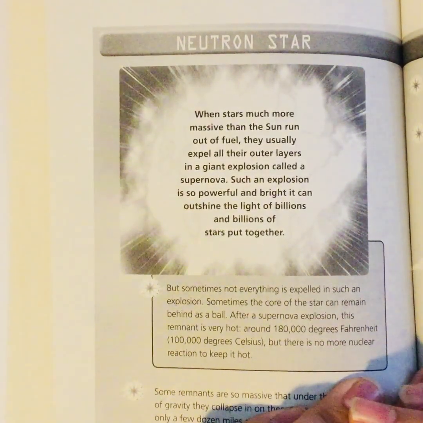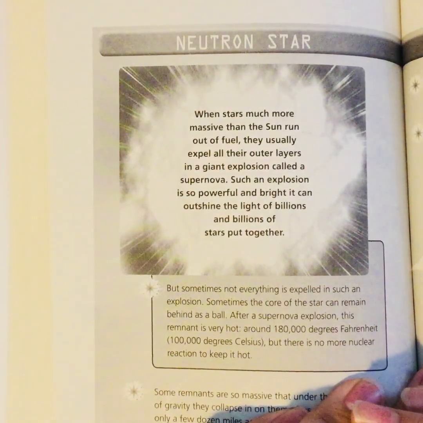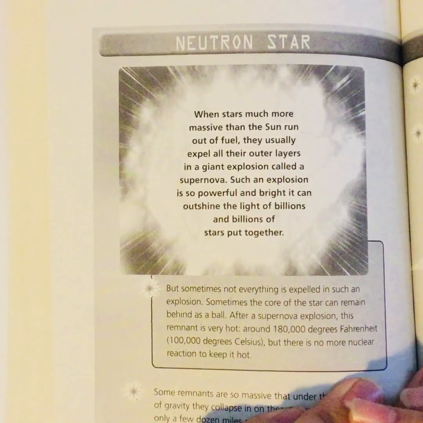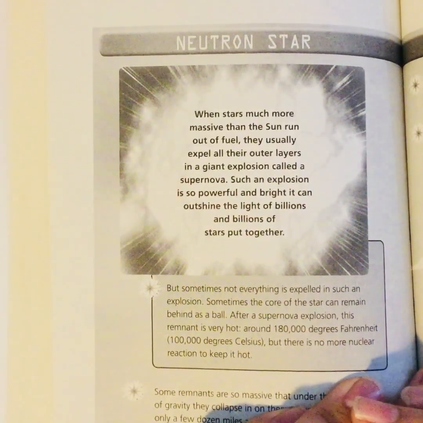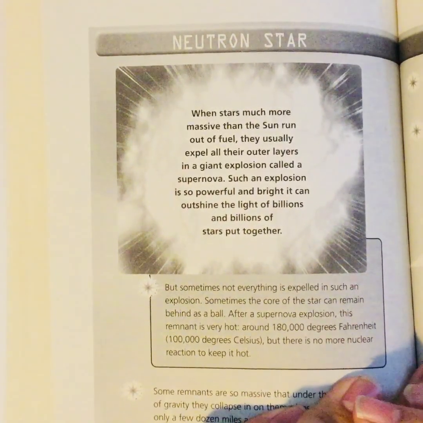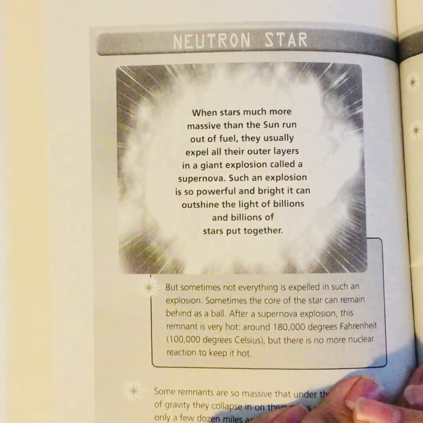When stars much more massive than the sun run out of fuel, they usually expel all of their outer layers in a giant explosion called a supernova. Such an explosion is so powerful and bright, it can outshine the light of billions and billions of stars put together. But sometimes not everything is expelled in such an explosion.